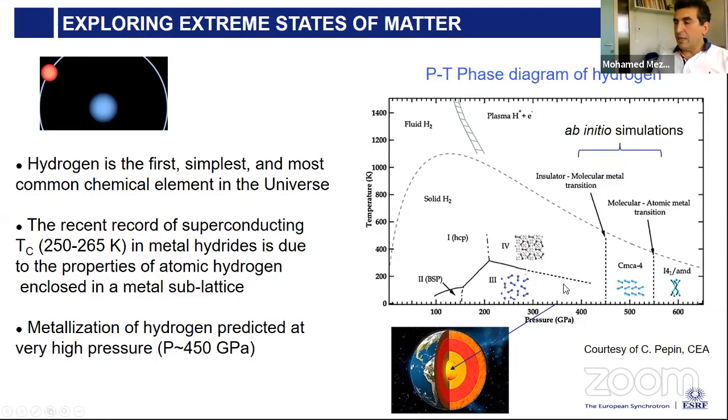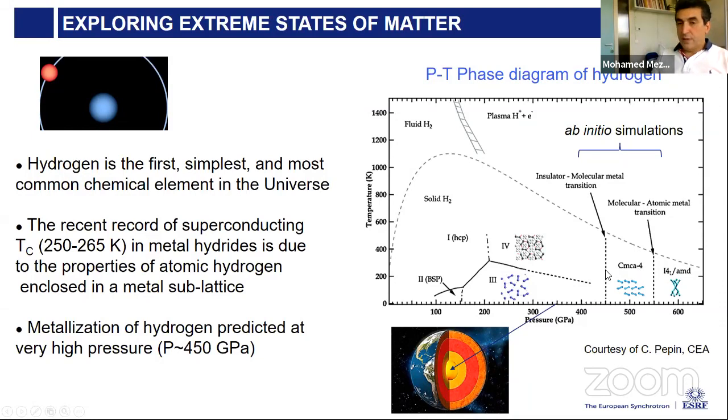But more interesting, and why people are so interested in hydrogen at the moment, is that ab initio simulations predict an insulator to metal transition at about 450 GPa. And if you increase the pressure by 100 GPa more, there is a prediction for a molecular to atomic transition, also in the metal state.